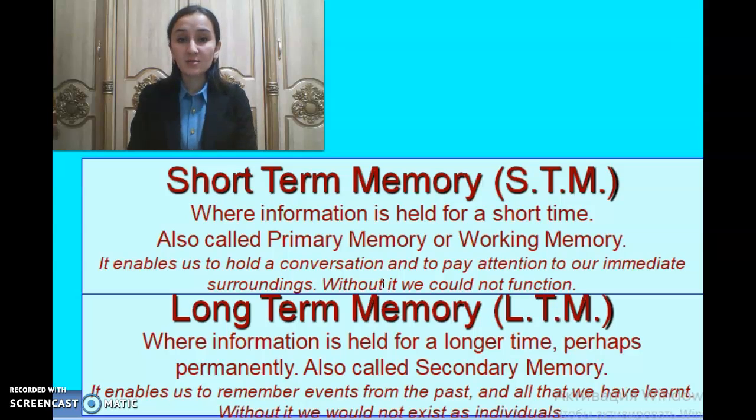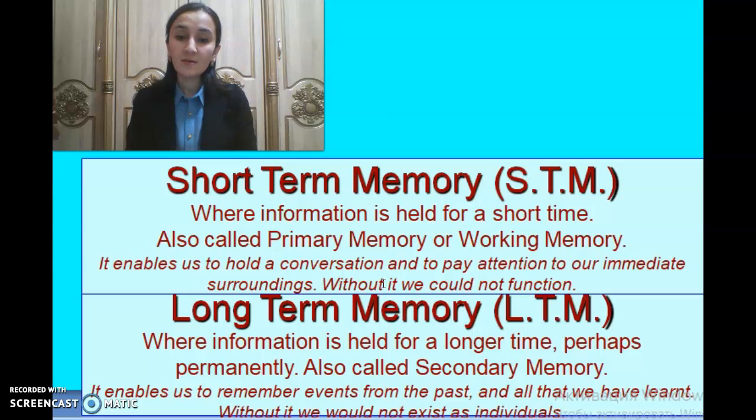So as you see, as soon as we get information, it goes to our short-term memory, and it is stored here for a short time, as is clear from its name, and then it goes to long-term memory. The data which we took into short-term memory, we should repeat many times, and only after that can it go to our long-term memory.